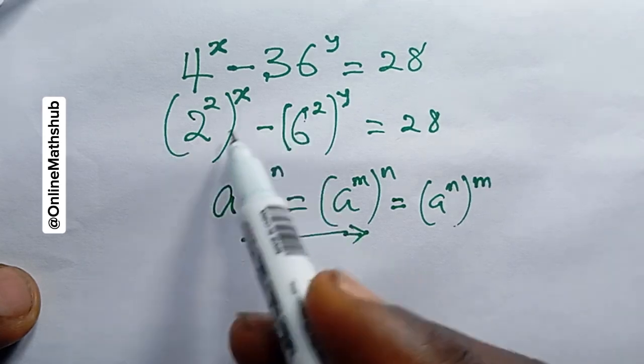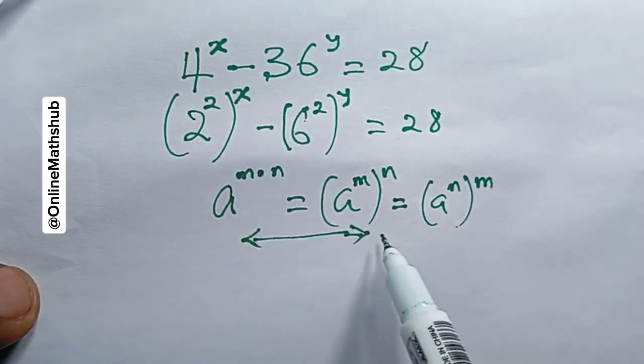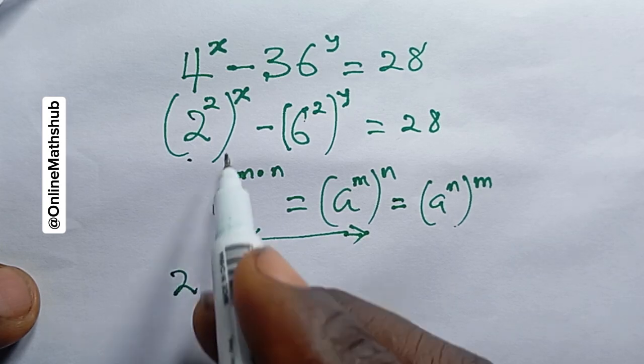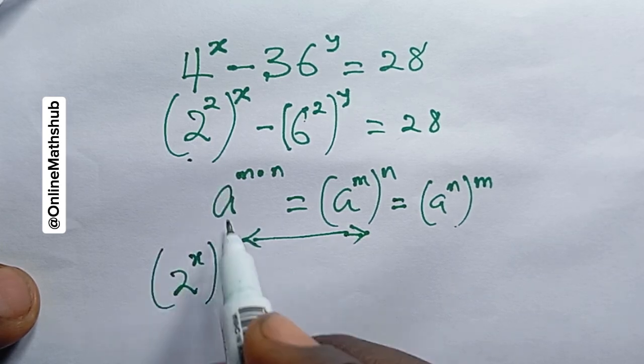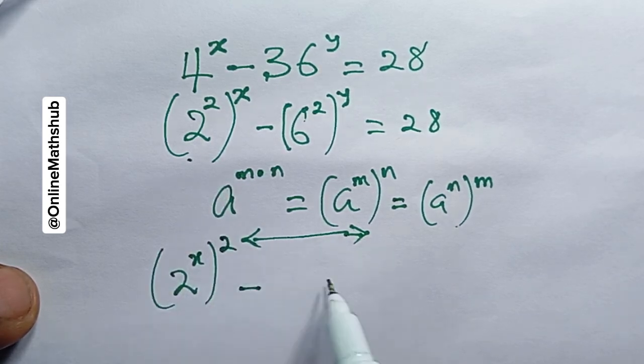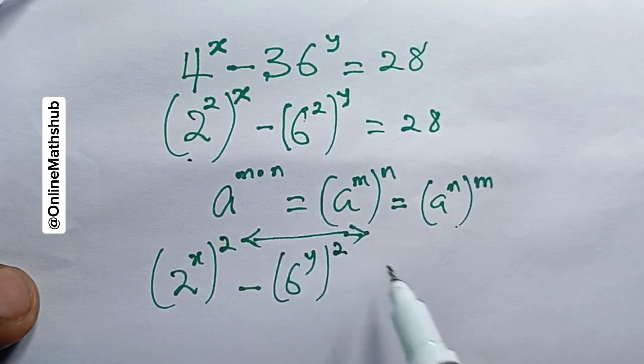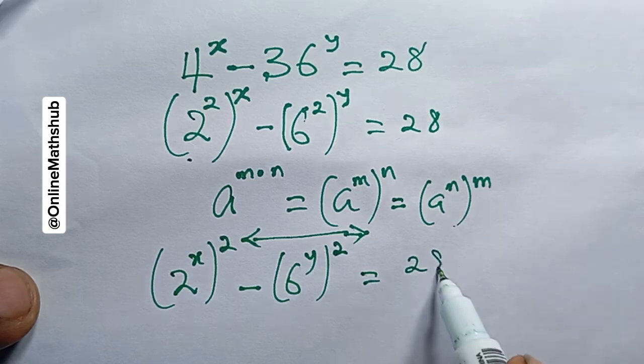So that's what I'm going to do right here. If I do that, I'm going to write this as 2 power x raised to power 2 minus 6 power y raised to power 2 is equal to 28.